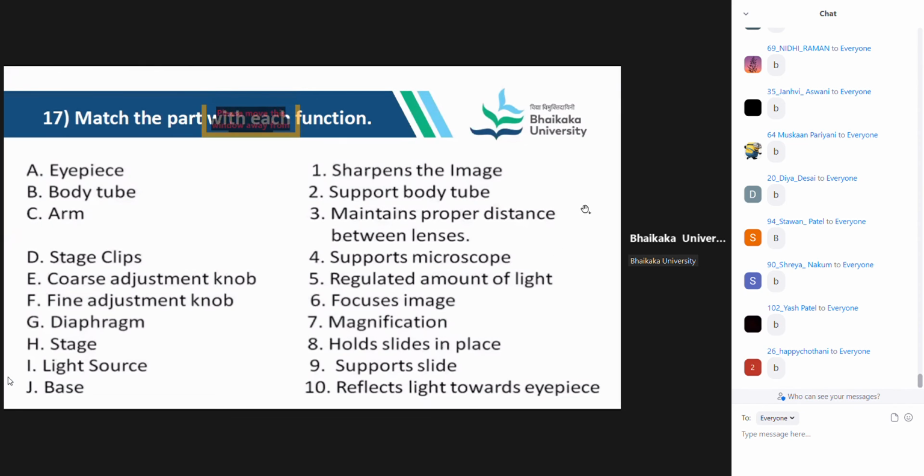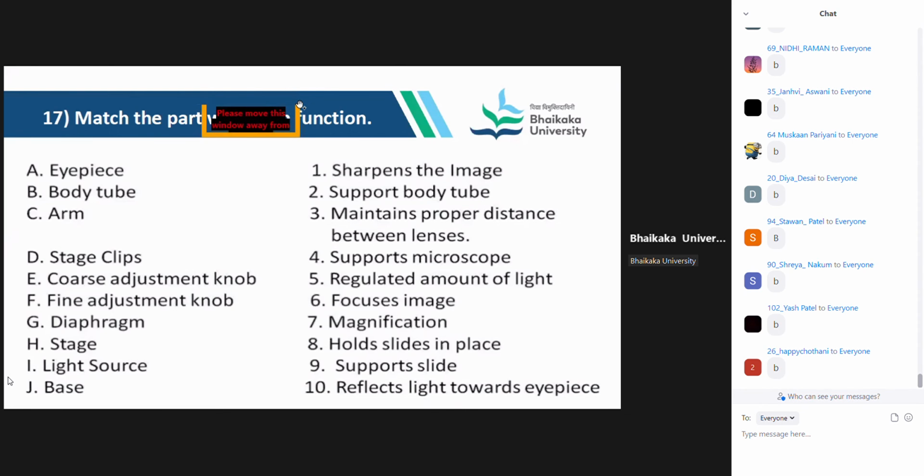Now, the next question is, match the part with each function. This is the revision of our whole practical class in this one question. Here we can see that from A to J, these are on the left side. They are the parts of the microscope, and in front of them the functions are given.